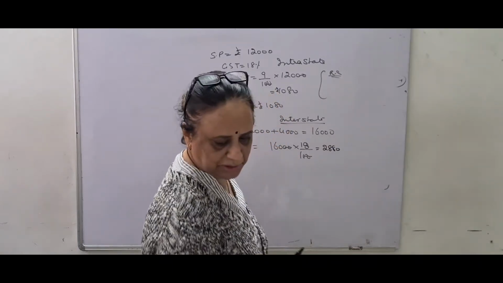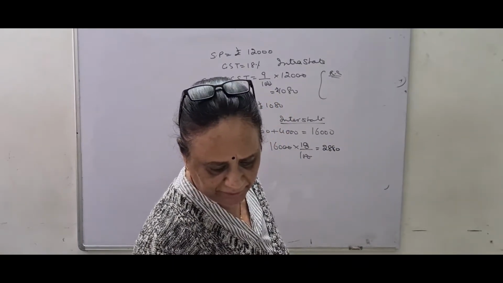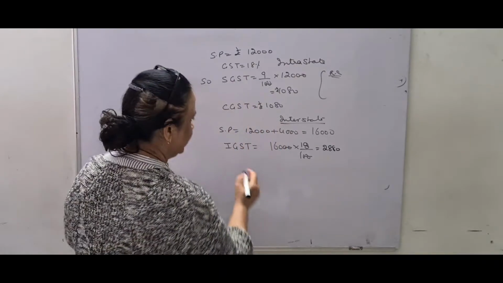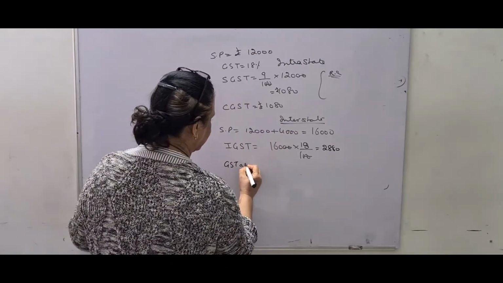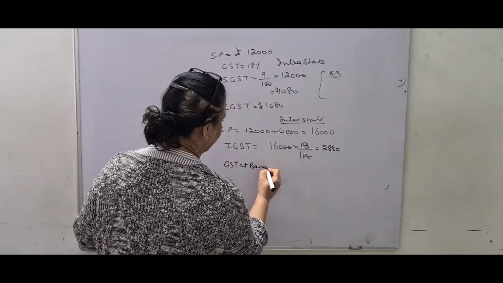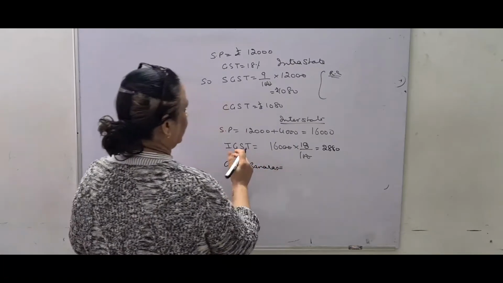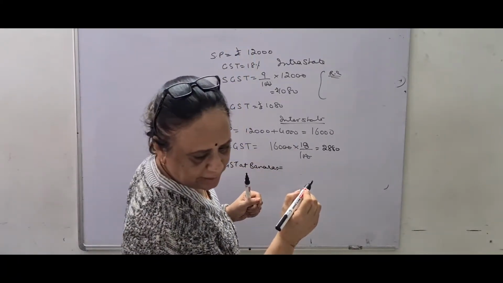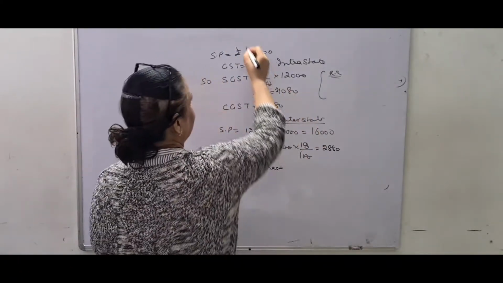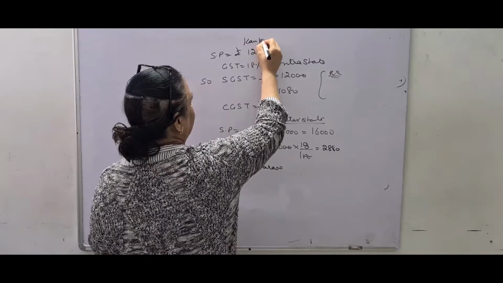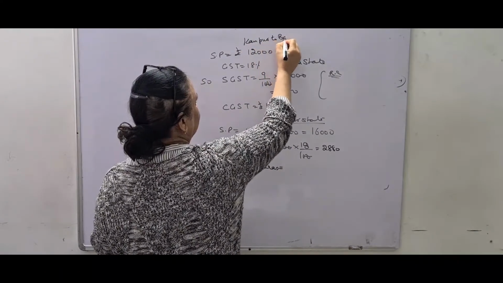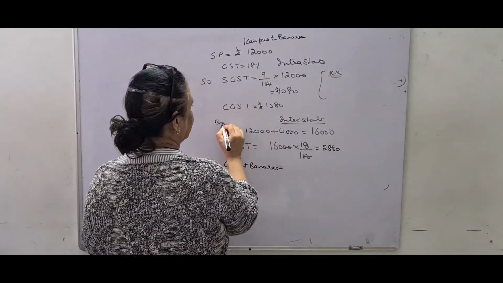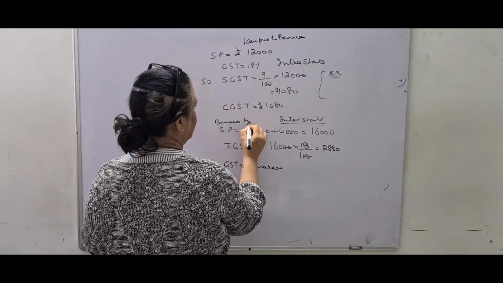Now the question was, if the rate of GST is 18, find the net GST payable at Banaras. GST at Banaras, very simple children, first you can write it from Kanpur to Banaras, then you can write Banaras to Ranchi.